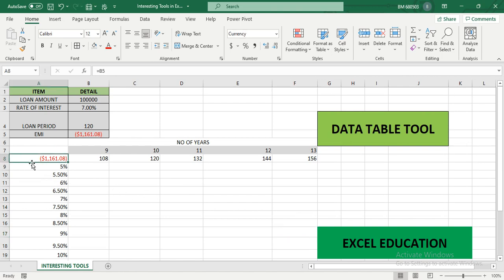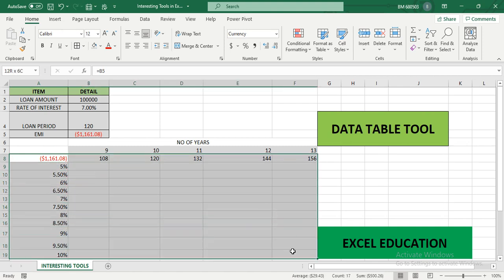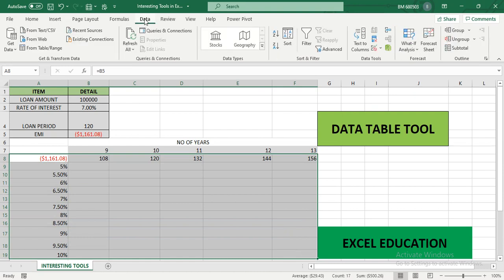So all you need to do is select from your very first cell. You don't have to select the gray cells. Select from your very first cell. Select this entirely. Go to the data tab. Inside forecast, you have what if analysis. Inside what if analysis, you have something called data table.